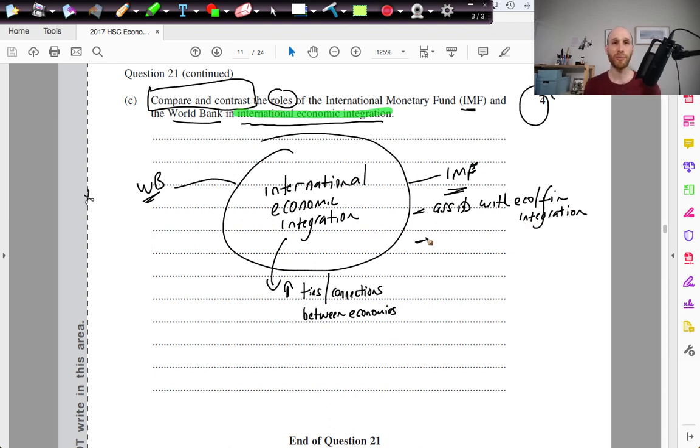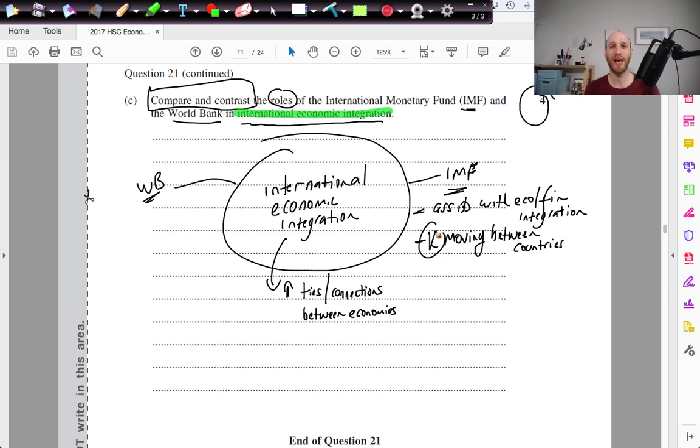The other very important role in bringing economies together is that it's helping capital or financial flows move around the world. And remember, this K is capital, not the multiplier in this instance.